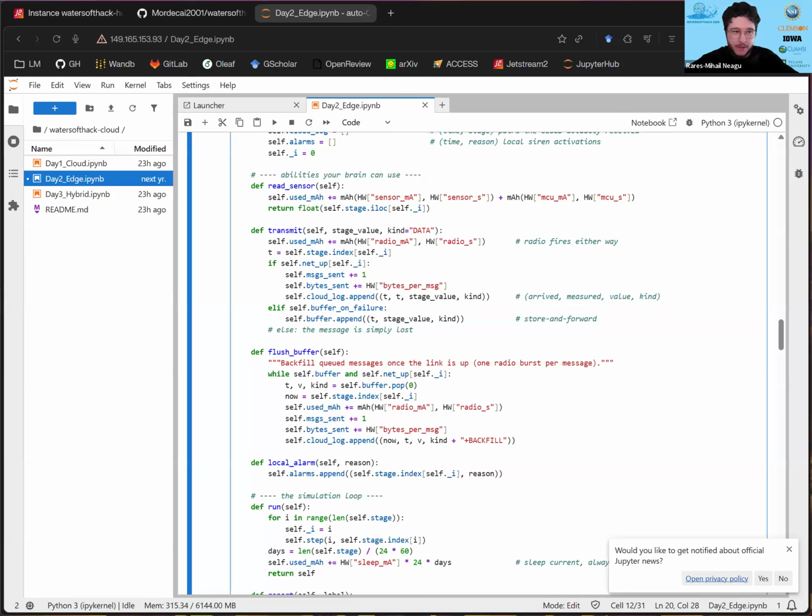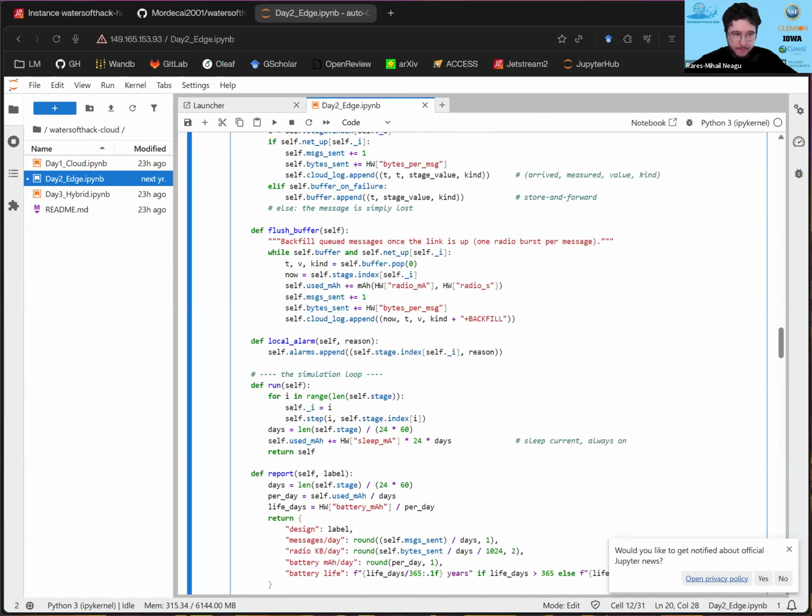If it's down, a smart gauge, for example, has a buffer-on-failure property that saves it and is going to try to resend it later. But a naive gauge that's not that smart is going to remove it from the buffer and just lose it. So this one method is the heart of the whole outage lesson. Okay, so this is ability two.